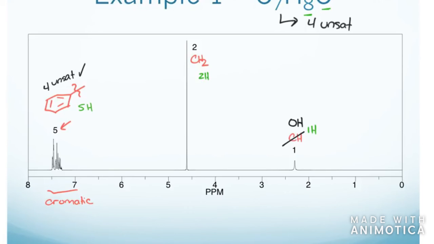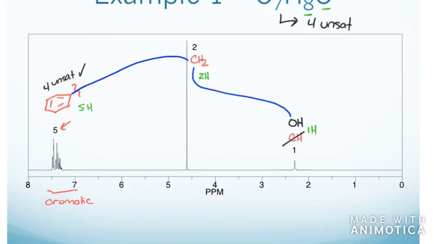Now we just need to connect these fragments together. And this one should be pretty straightforward. We have our CH2 carbon. That'll connect to the OH. And it'll connect to the aromatic ring because that CH2 needed 2 bonds.